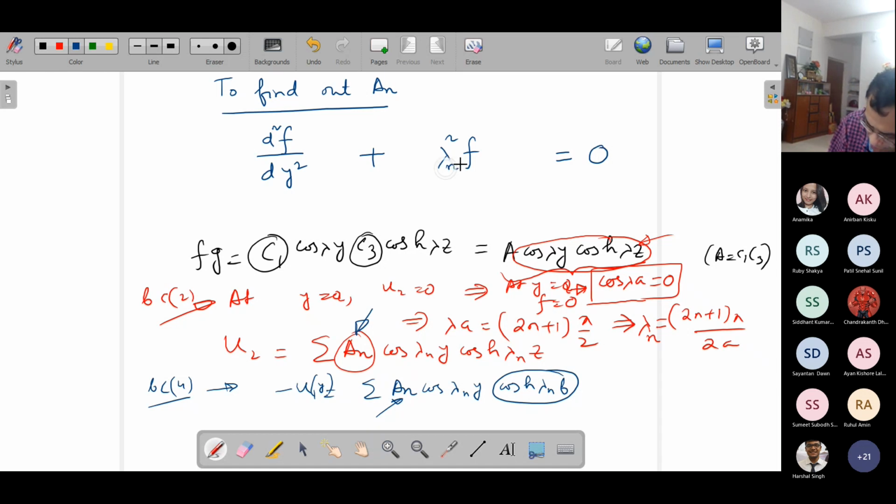So if we put lambda n here, the solution that will come back from that will also be f for that specific value of lambda. So we call it fn. So this lambda n we have named as eigenvalue, and fn is called the eigenfunction.